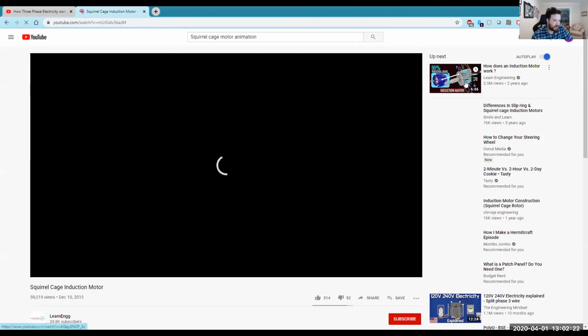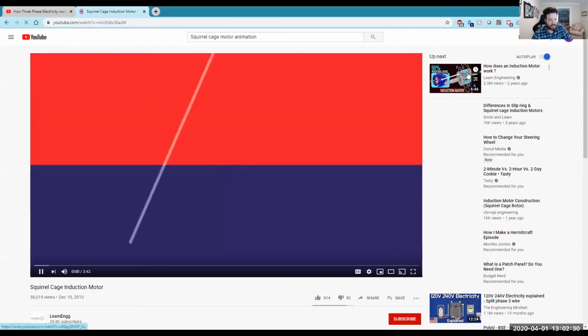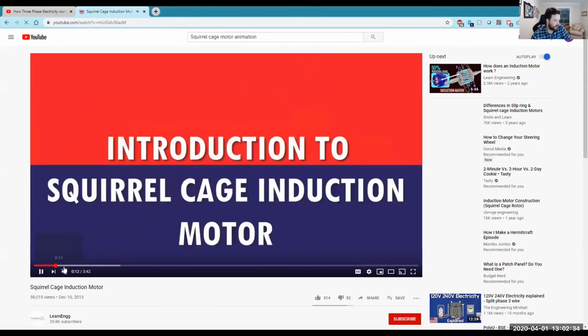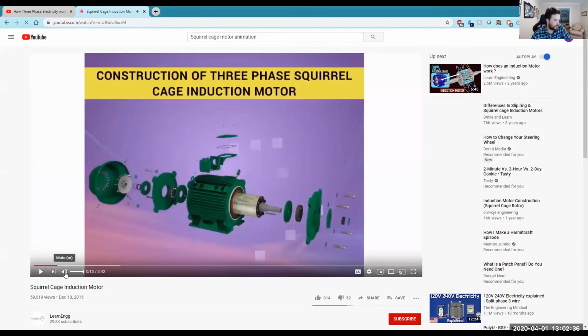But here's an induction motor. If you look up in this top right corner, they go through a full animation where they did something like SolidWorks. They explain the whole thing. It's usually some Indian guy, and they basically pull apart the entire motor.